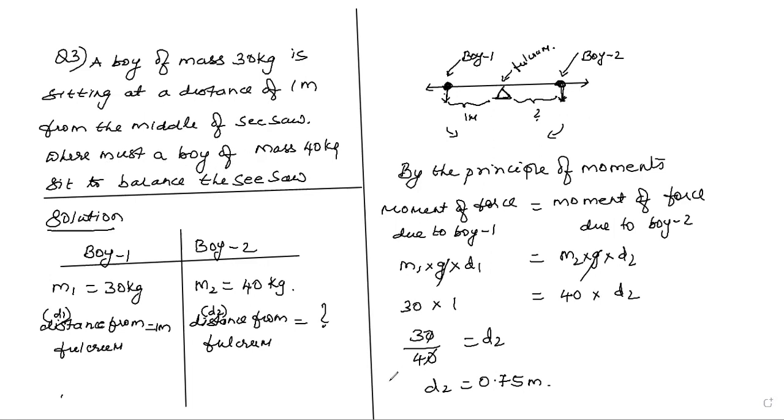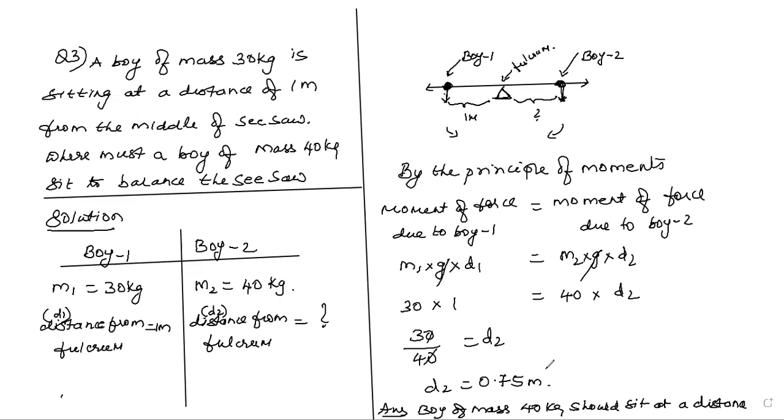So that boy two should sit at this distance. Where must a boy of mass 40 kg sit? The boy of mass 40 kg should sit at a distance of 0.75 meter from the fulcrum.